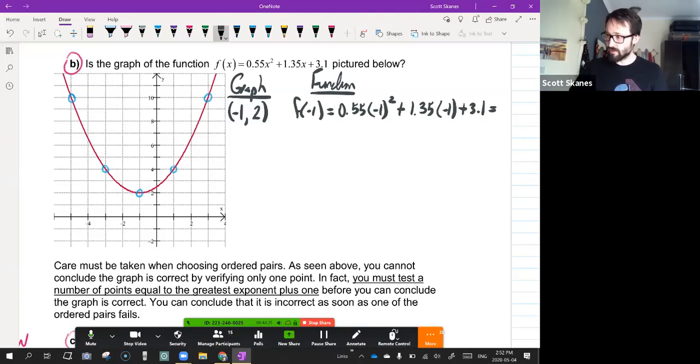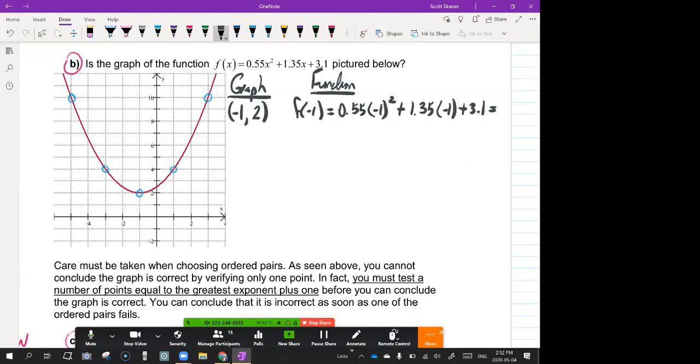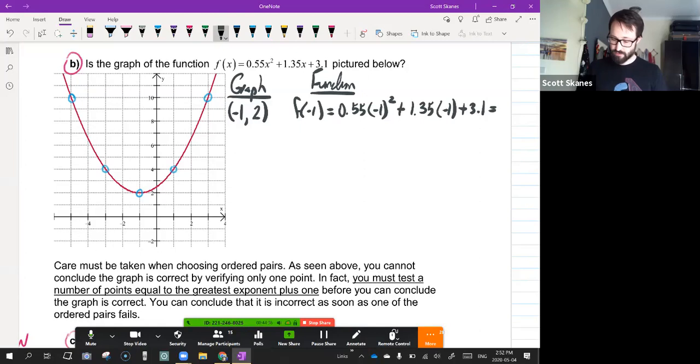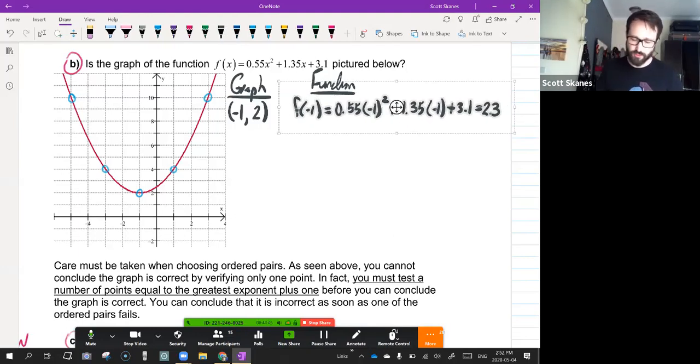Tarek did a different number. He got, okay, you're getting 2.3. I'll just double check it on my side. Plus 1.34 times -1 plus 3.1. Yeah, 2.3. And so you were saying, I'm not getting exactly 2, I'm getting 2.3. Is that okay?